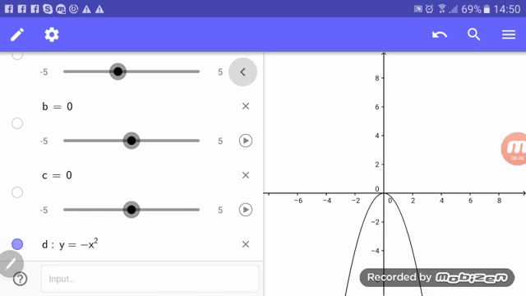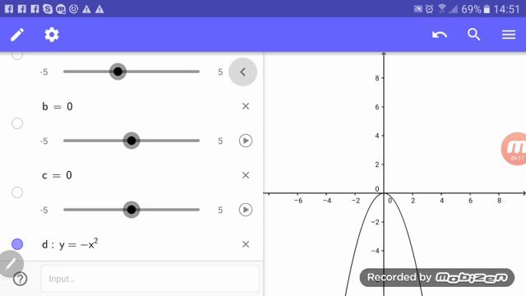The closer to 0 the a value gets, the wider the parabola becomes. The more towards infinity or negative infinity the a value becomes, the narrower the parabola becomes.